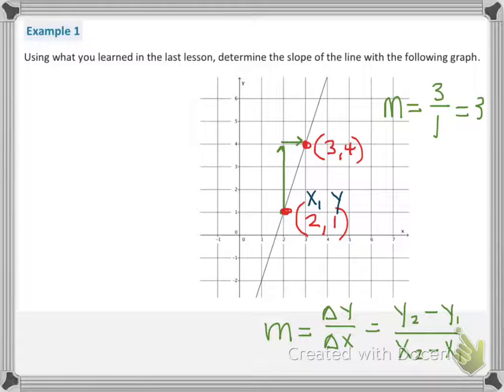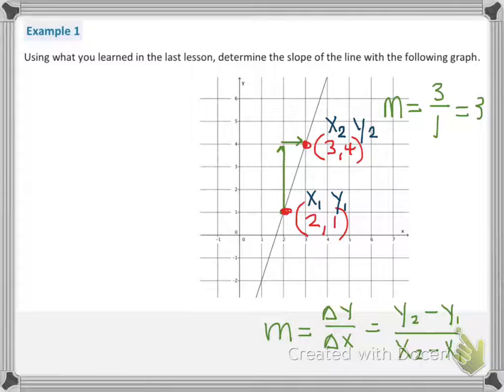This one will be my first y point, or y1. And then my second point will be this one up at the top, so the x value from the second point is x2, and the y value is y2. And down here is the x value and the y value from the first point.